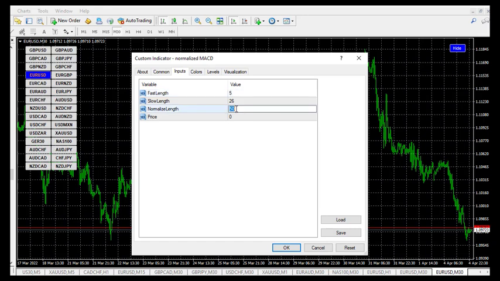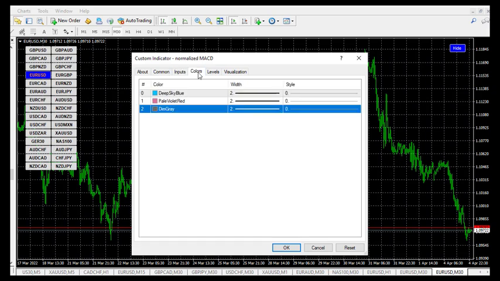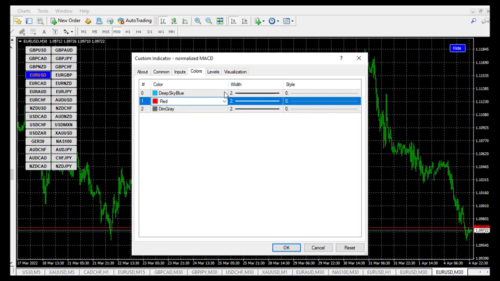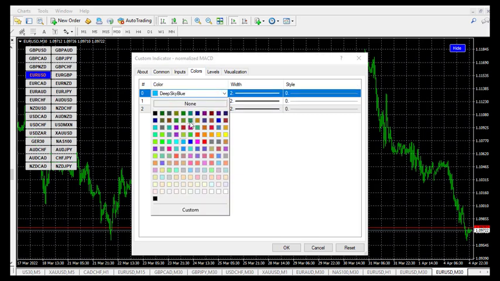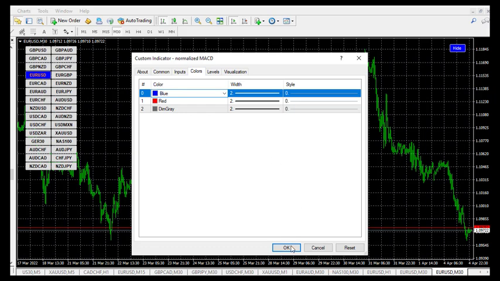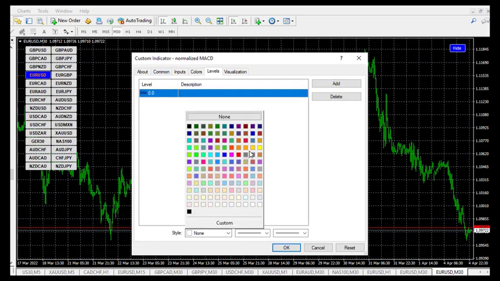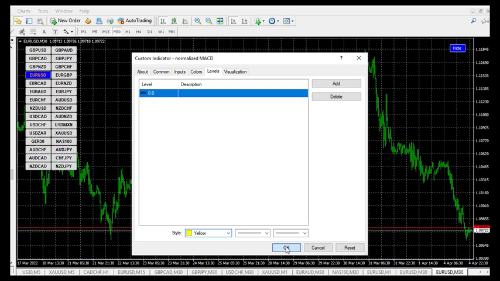Then I reduce this to 45. You can play with it and see which one you actually like, but I'm okay with that value. Then let me change this to blue also, and I want to add levels. I would like to add zero levels, color yellow, and I'm okay.